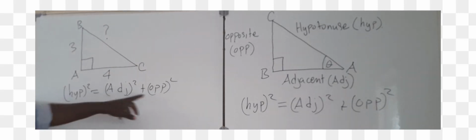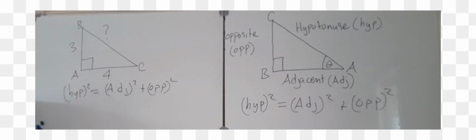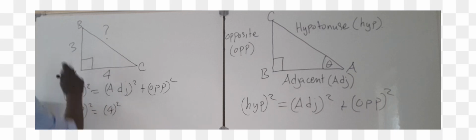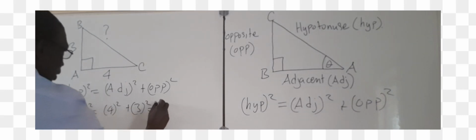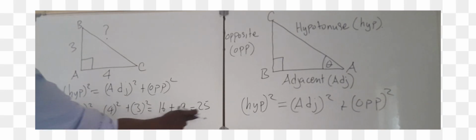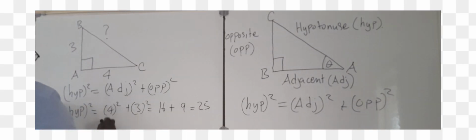So if we plug in our numbers into Pythagoras theorem, we will get HYP squared is equal to ADJ, the adjacent side, is of length 4. So we have 4 squared here, and that one there is 3, which should be squared, and that gives us 16 plus 9, which is equal to 25. Now, the hypotenuse squared is equal to 25. So therefore, the hypotenuse itself is equal to the square root of 25, which is equal to 5.